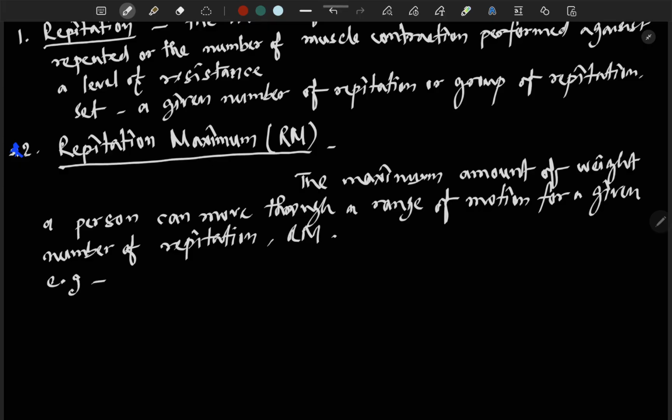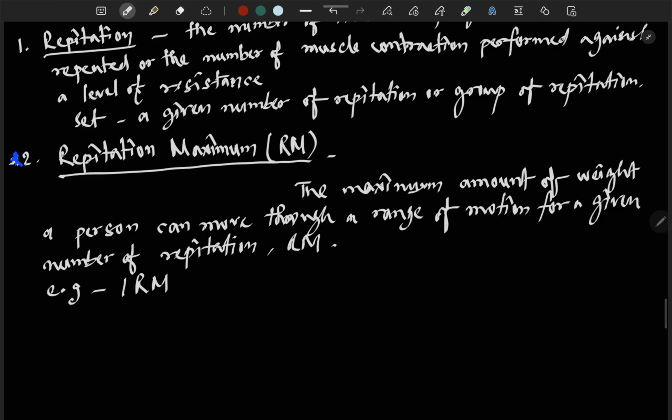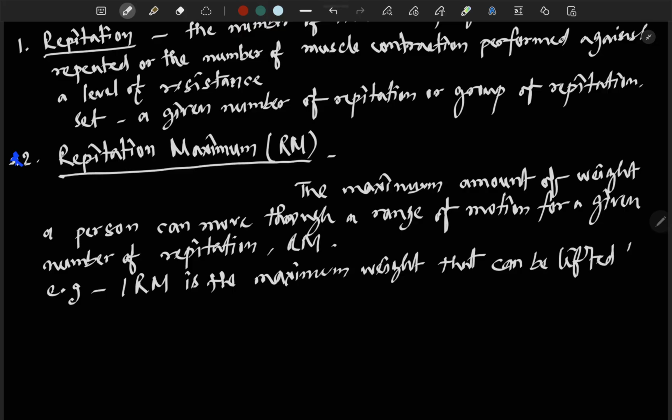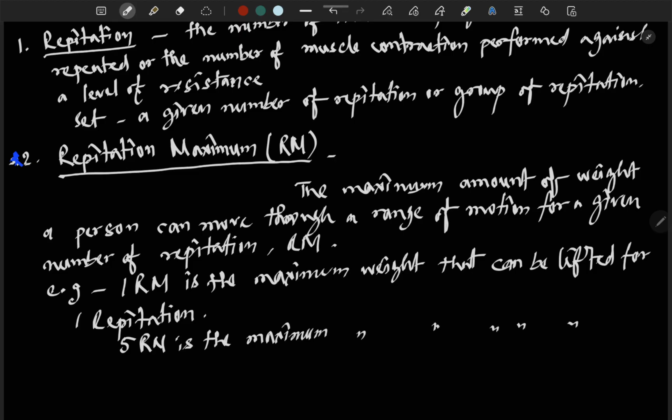For example, 1 RM or repetition maximum is the maximum weight that can be lifted for 1 repetition, or you can say 5 RM is the maximum weight that can be lifted for 5 repetition.